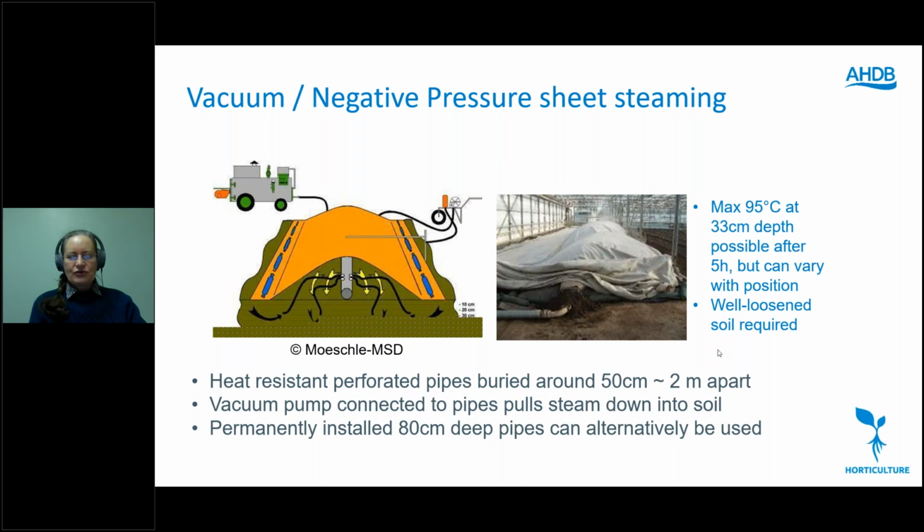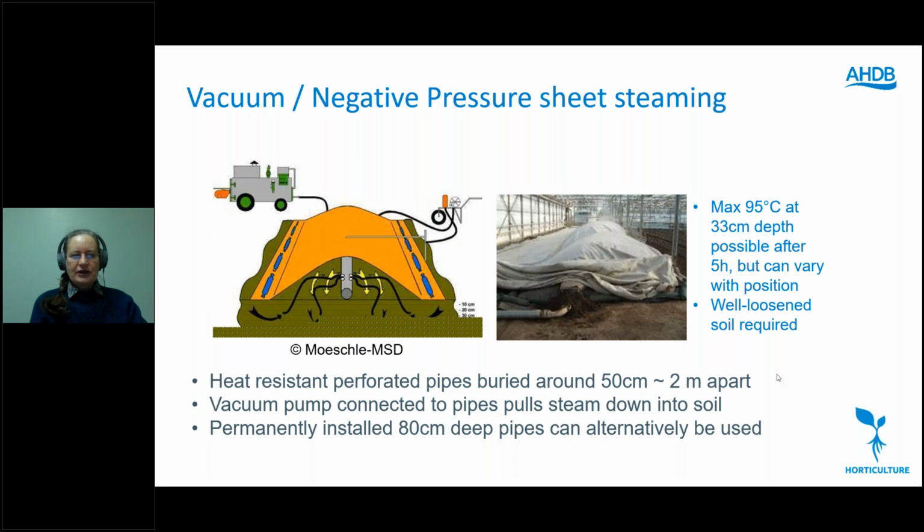Measurements that ADAS took at this site found that you could get 95 degrees centigrade after about 5 hours. But in some measurements, for example on the wall, that temperature wasn't achieved. So maybe the soil wasn't loosened enough, or perhaps the wall was conducting the heat away. So you do need to measure and make sure it's getting the heat at all positions.